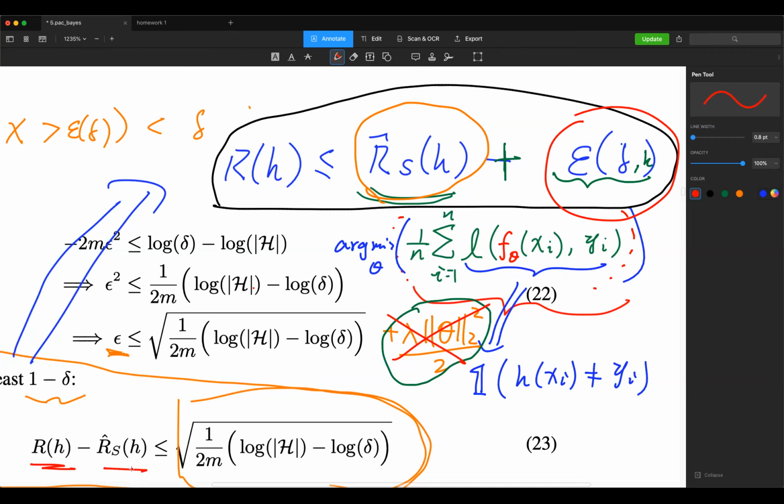If you can prove this, your bounding term must have your hypothesis in it. Then you know that for whichever hypothesis you are able to obtain, this bound exists, right? So it will reduce the discrepancy between your training and your testing error, i.e. the discrepancy between your empirical risk and your expected risk.